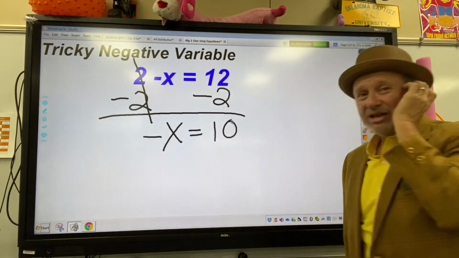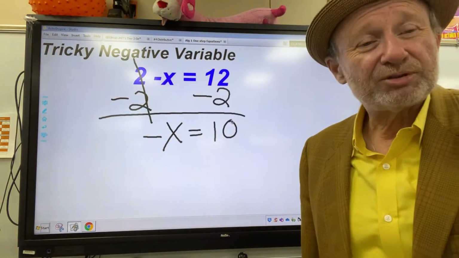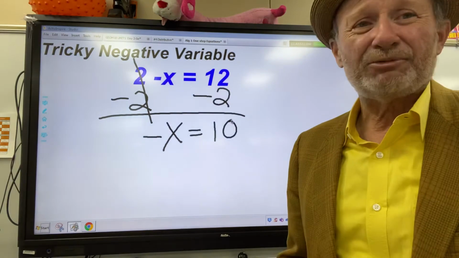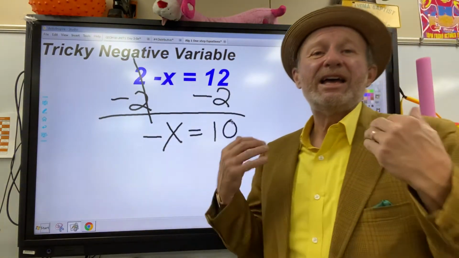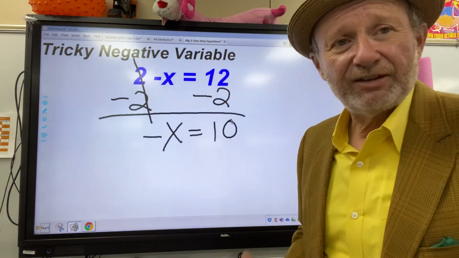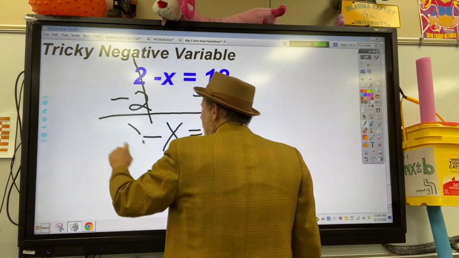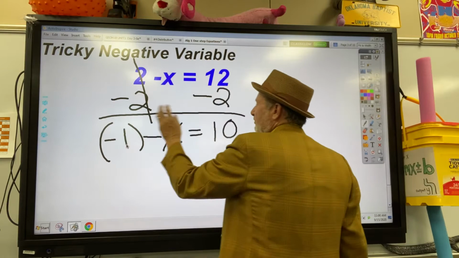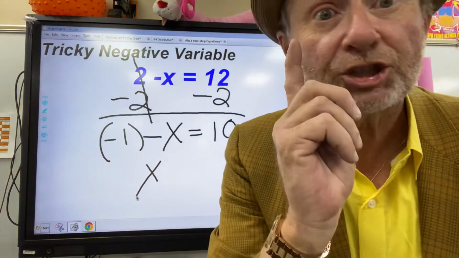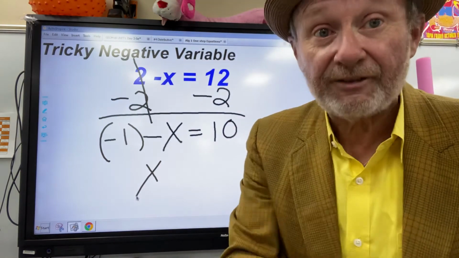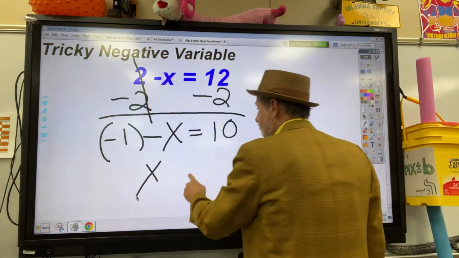But wait. We don't like negative variables. We've got to get rid of them. So basically we've got to multiply the negative variable by negative 1. When I multiply negative x by negative 1, that gives me positive x. But don't forget, what you do on one side of an equation, you've got to do on the other.